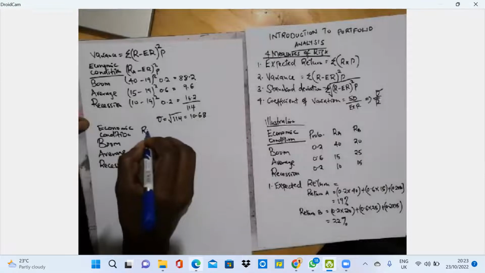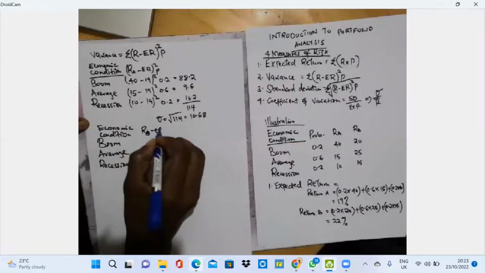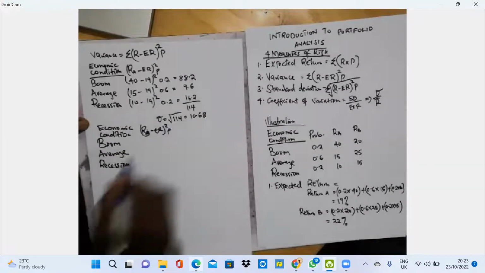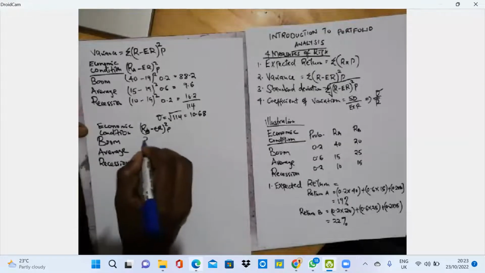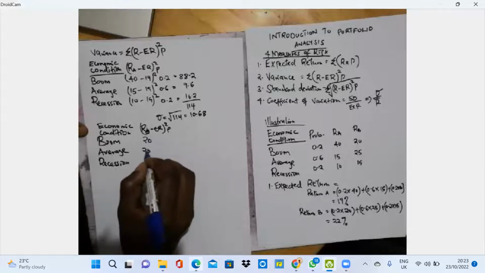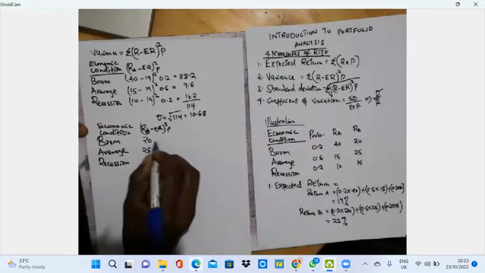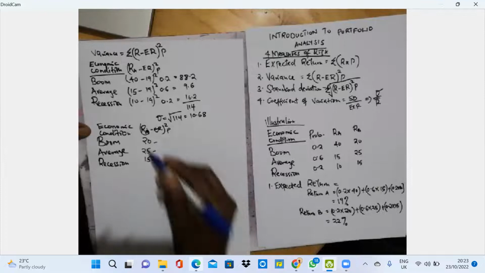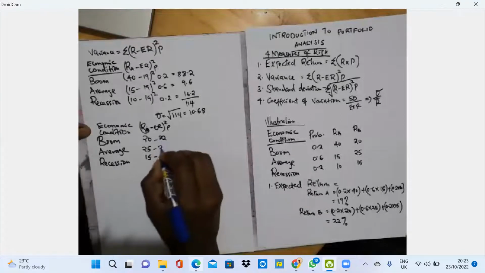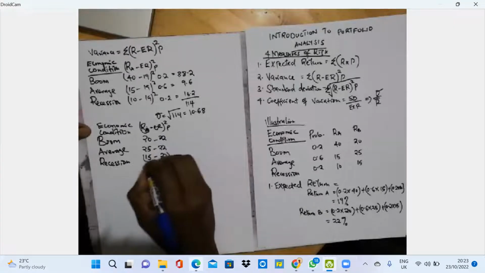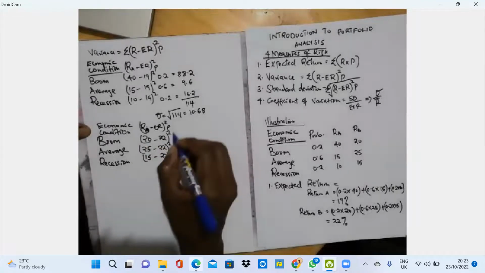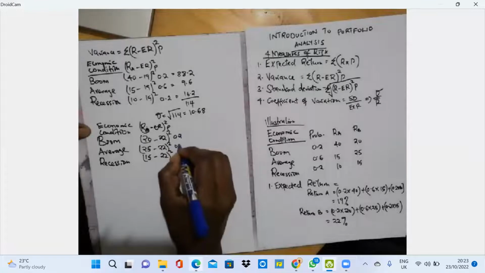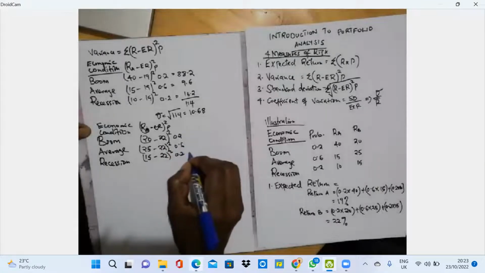So we have return B minus expected return, you square, you multiply by the probability. So return B, we have 20, 25, and 15. Expected return was 22. We square, then we multiply by probability, 0.2, 0.6, 0.2.